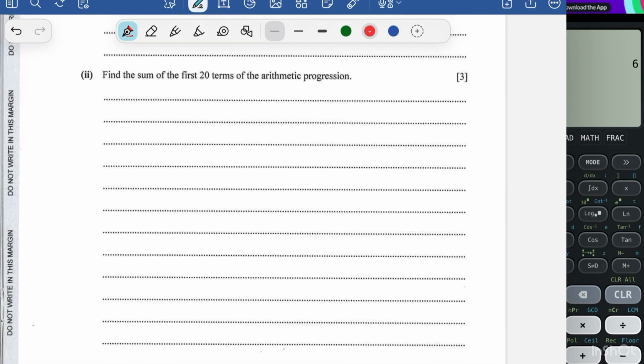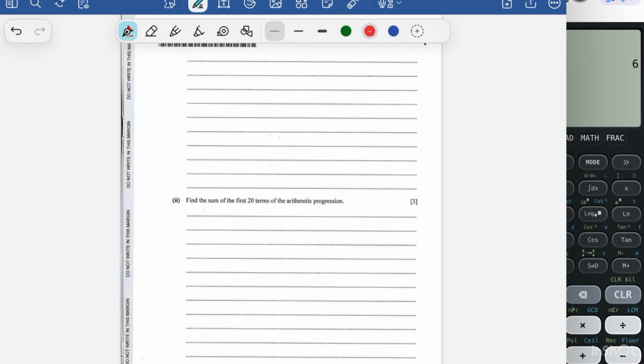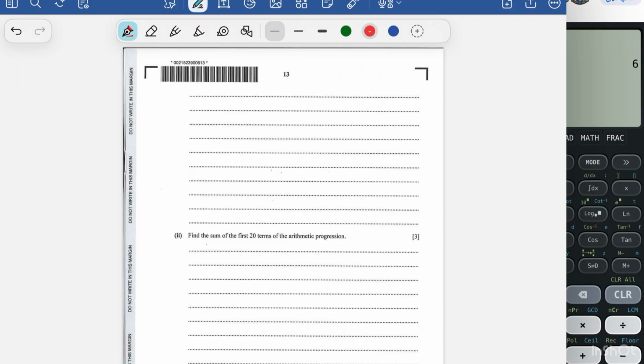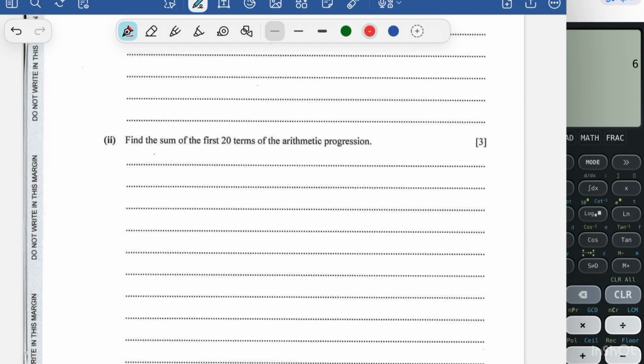triple II, they told us to find the sum of the first 20 terms of the sequence. So we already know our A is what? Our A is 9.